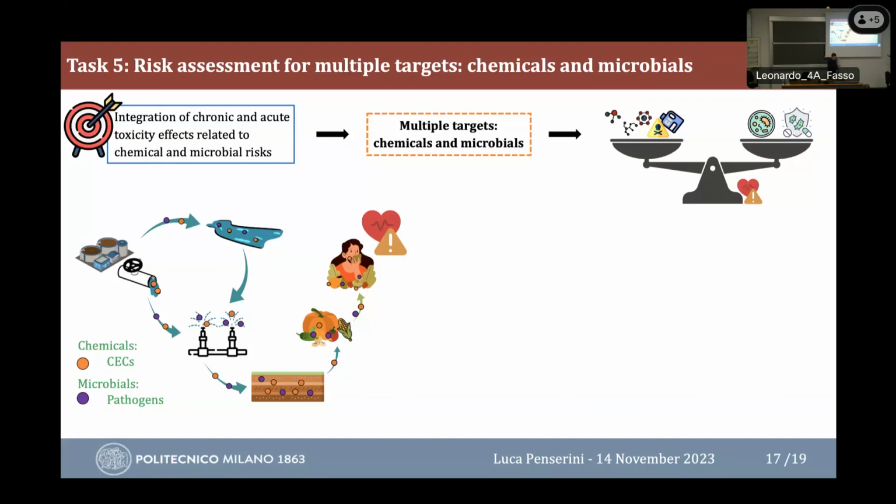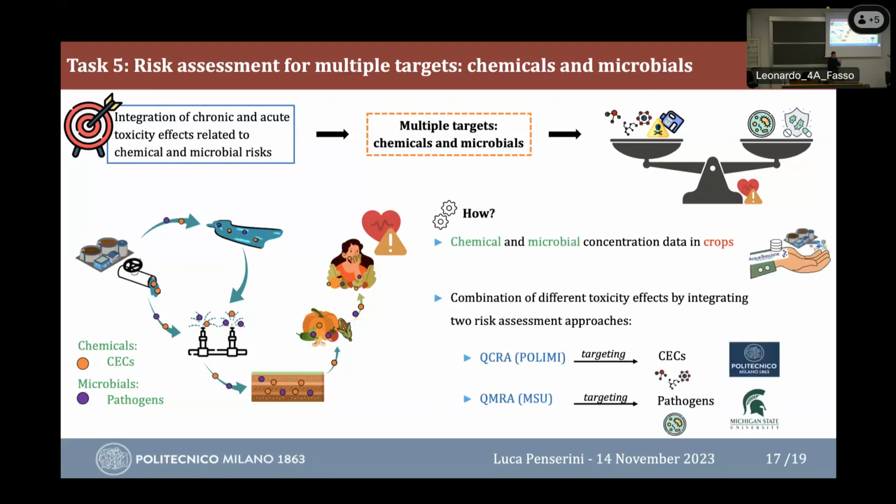So here the challenge is to find a proper time horizon which enables us to consider both types of toxicities, which happen at the same time, but are quantified separately.